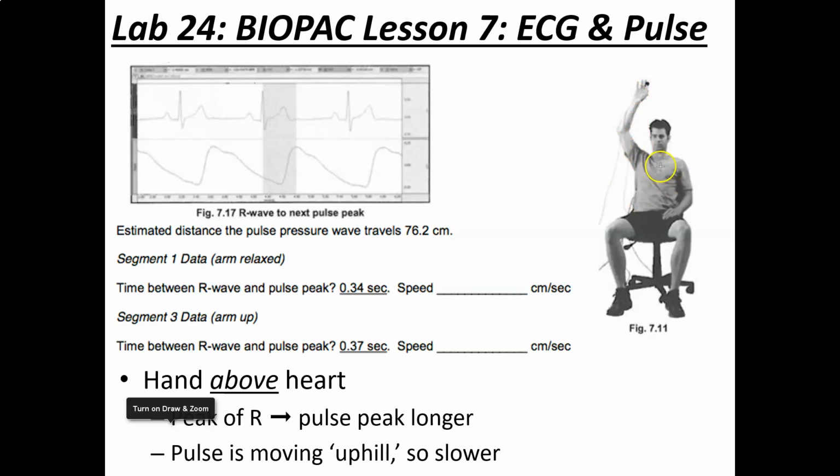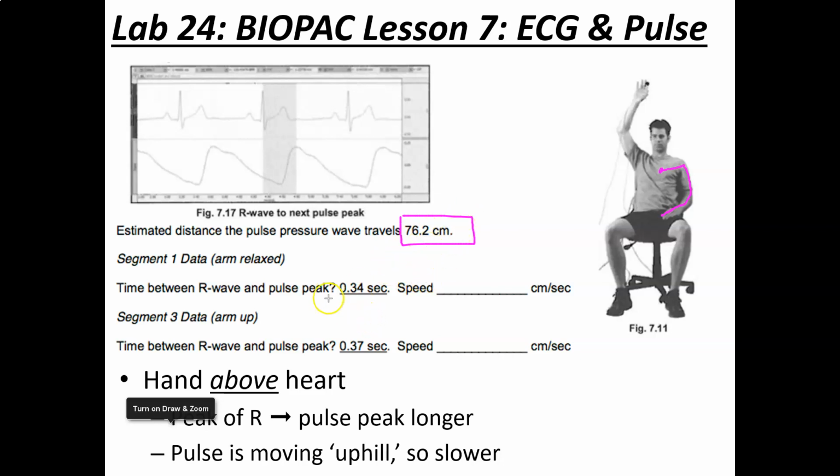We measured from the heart out to the shoulder, and then from the shoulder we straightened the arm and measured the length to the fingertip. This is from BioPac itself, and the person we had was actually a fairly small person. Their distance between their heart and their fingertip was 76.2 centimeters. Okay? So we know that.